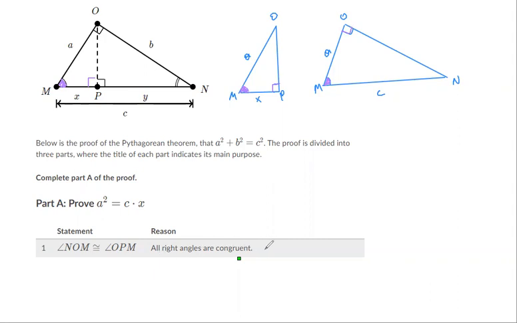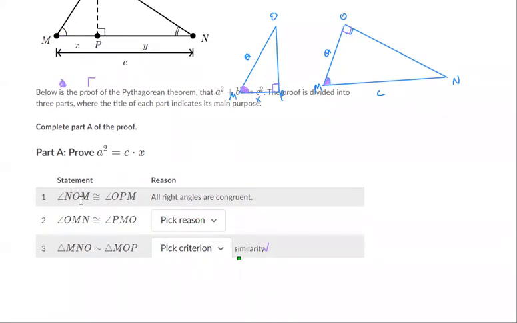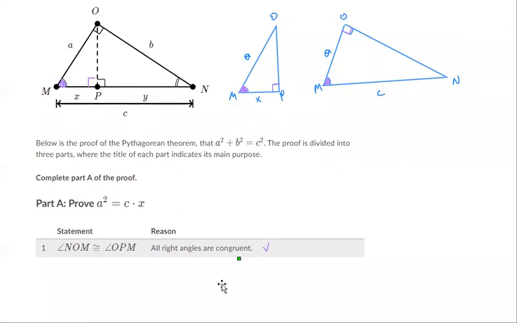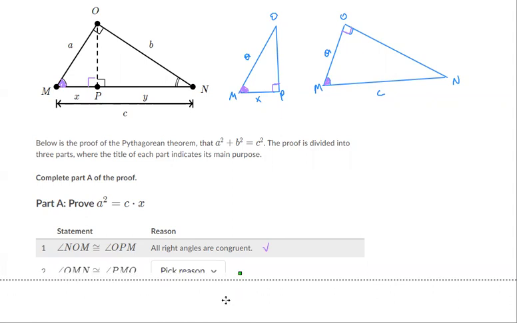So all right angles are congruent. So we have two 90 degrees. This is a 90 degrees in the larger triangle, and this is 90 in the smaller triangle. So both right angles are congruent. So that is our first statement, okay? And the reason is they are all congruent if they are right angles, okay? And the second reason is the OMN, which is, actually, let's do it this way.